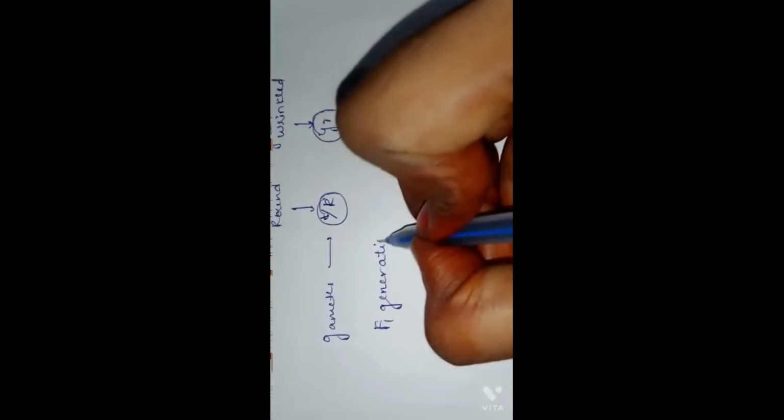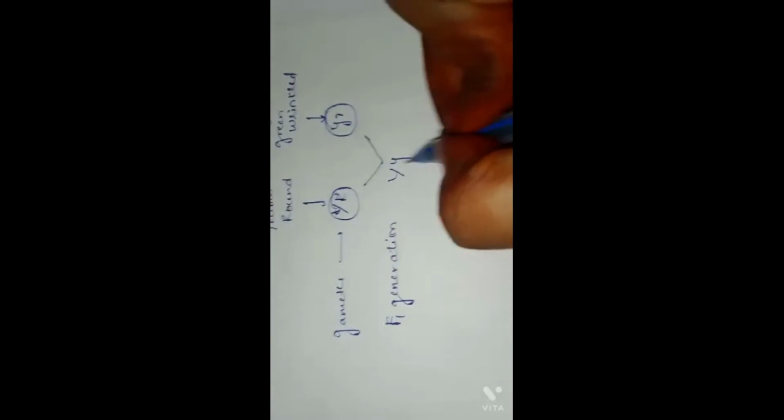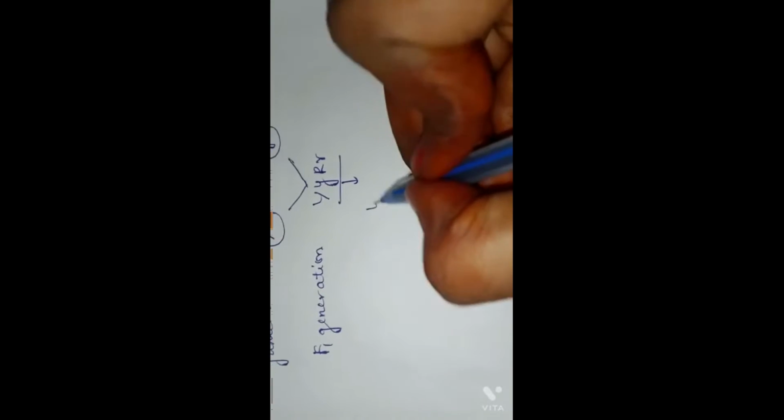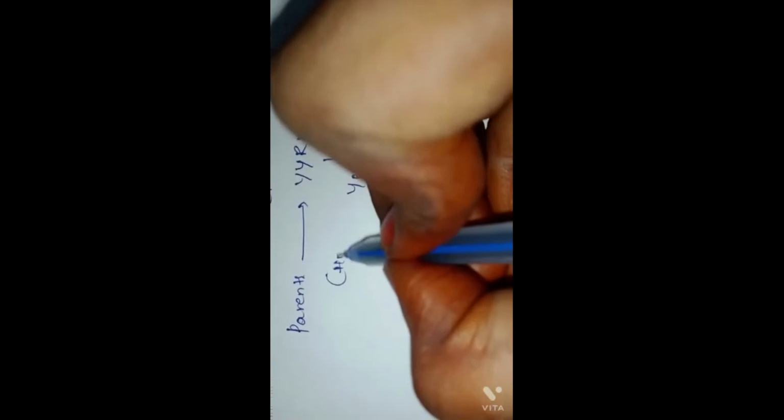From these two gametes, in the F1 generation, we get capital Y, small y, capital R, small r as the heterozygous plant, which is our first generation progeny. This is yellow and round in nature even in the heterozygous condition.